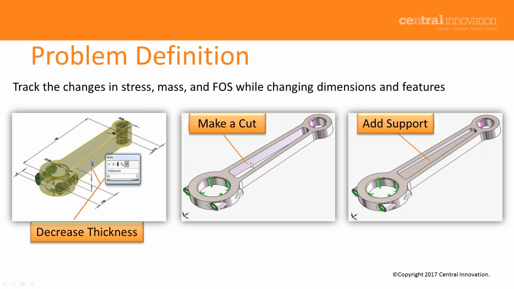Can I introduce a cut here? Or if I introduce a cut, then later on, can I add a support? What are the stress? What are the factor of safety? How much mass I'm saving going over these scenarios? Should I create multiple studies and compare it manually? Or is there a mechanism here which I can do the trace?